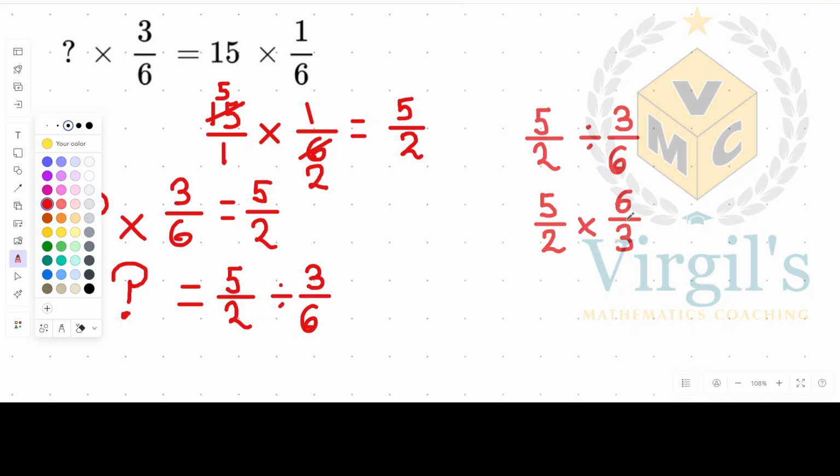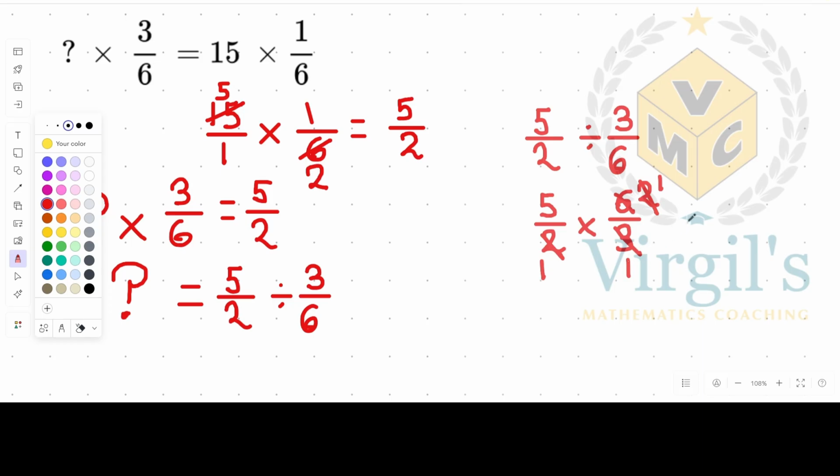I could also select the 6 and the 3 and divide both numbers by 3. Let me show you that way. 6 divided by 3 is 2. 3 divided by 3 is 1. And then 2 divided by 2 is 1.